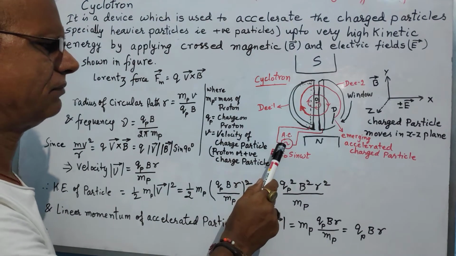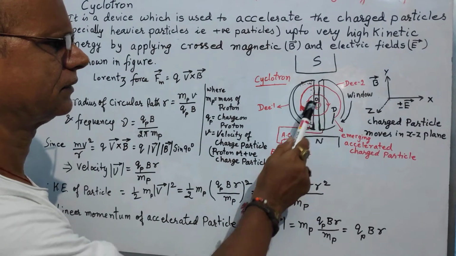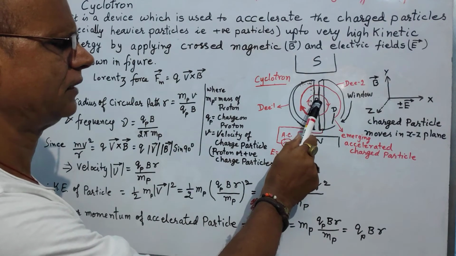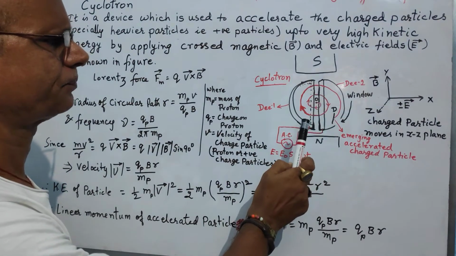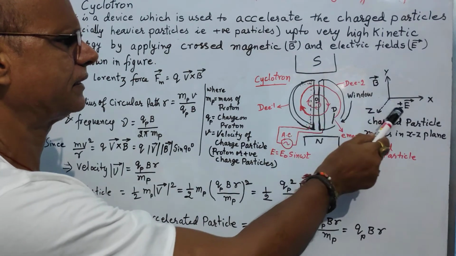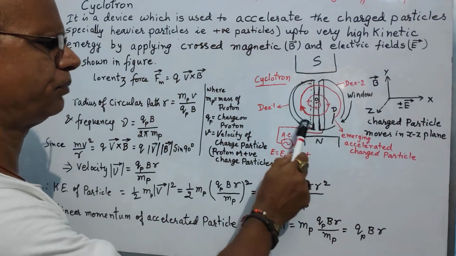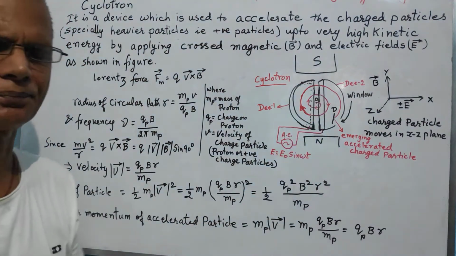Due to the EMF applied across the two D's, this charged particle will be accelerated along the direction of the electric field which is produced due to the opposite polarity of the two D's.